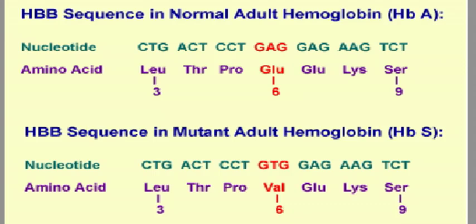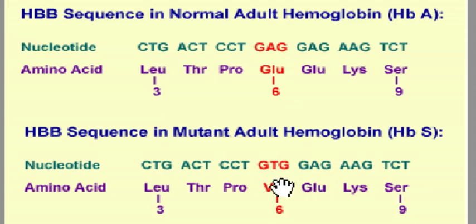The image that we see here is a sequence of nucleotides, and the only sequence that you're seeing is the antisense strand. The sense strand is not shown because in this case it's not very important that we see that. This sequence on top is the normal sequence, and notice that the fourth triplet here is highlighted in red, and the sequence is supposed to read GAG.